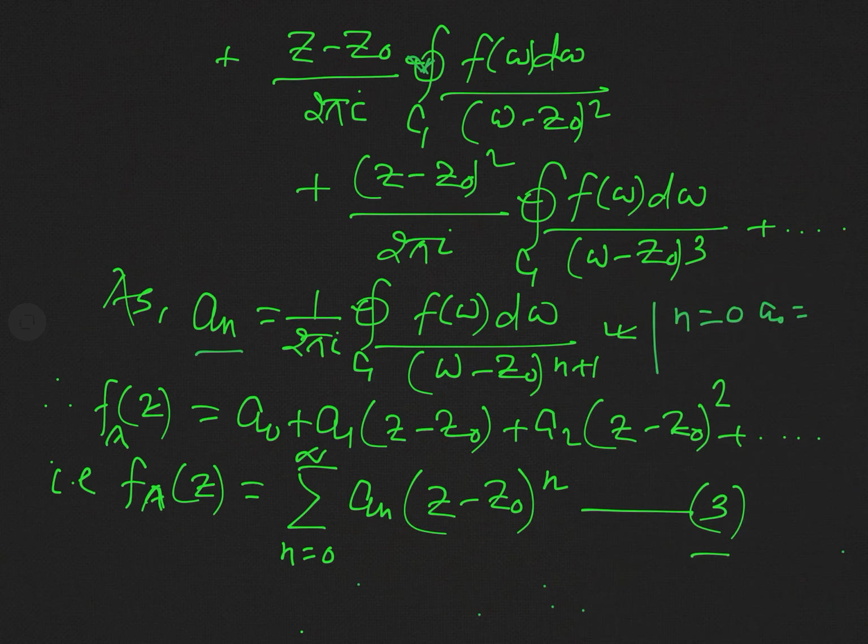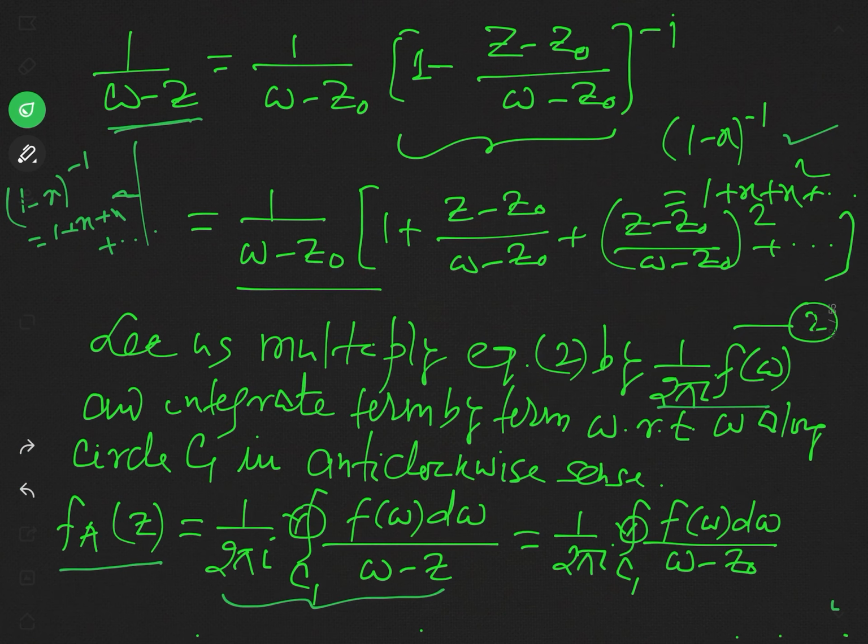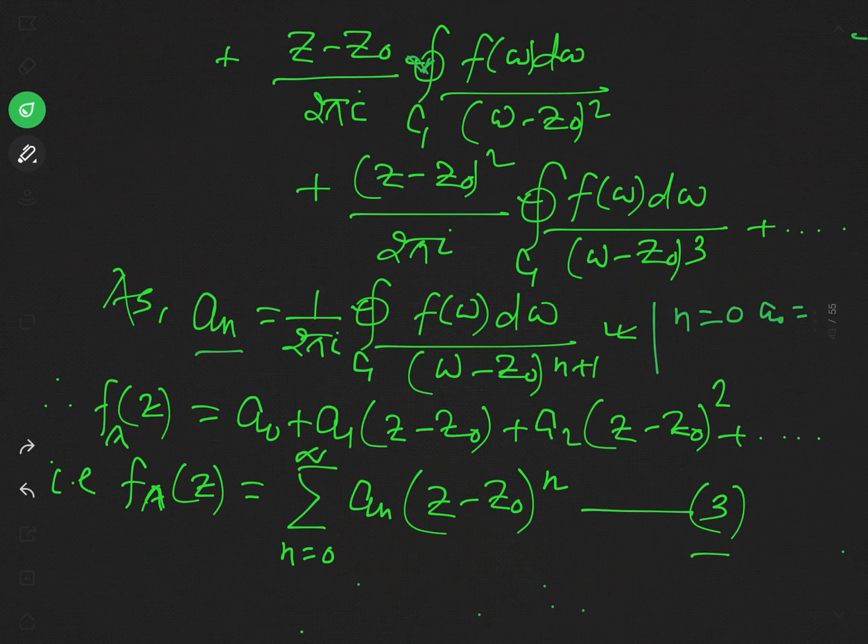In that condition we will get a naught, which is in fact 1 over 2 pi integral f(w) dw by (w minus z naught), because n is 0, so here the power will be 1. You can see this is actually the first term. So the first integral in the RHS is simply equal to a naught.